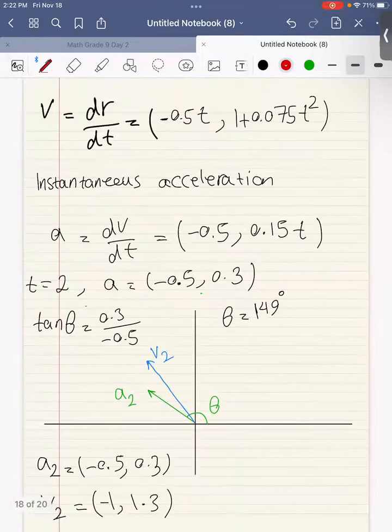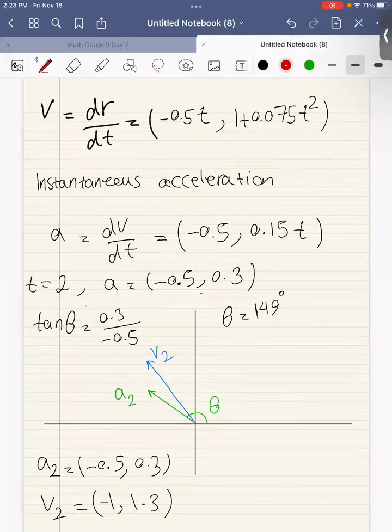So getting back to our original question, here I want you to find the perpendicular and parallel components of the acceleration with respect to the velocity. For this question, please do this. This is your assignment.